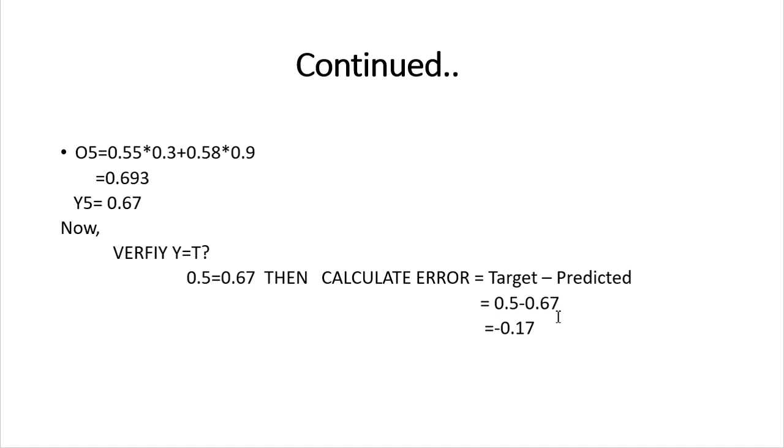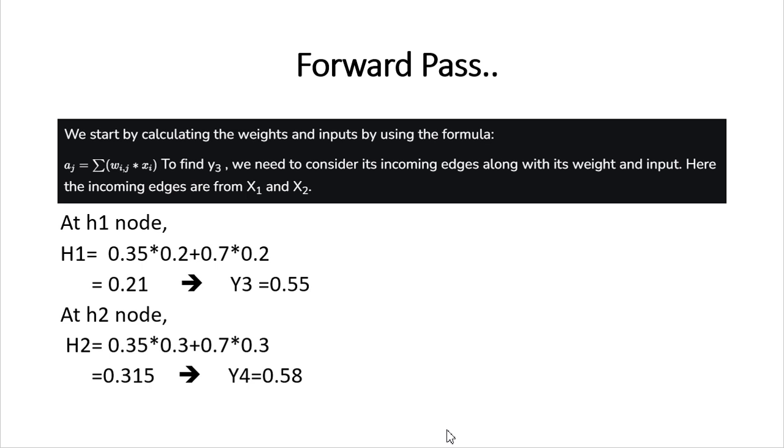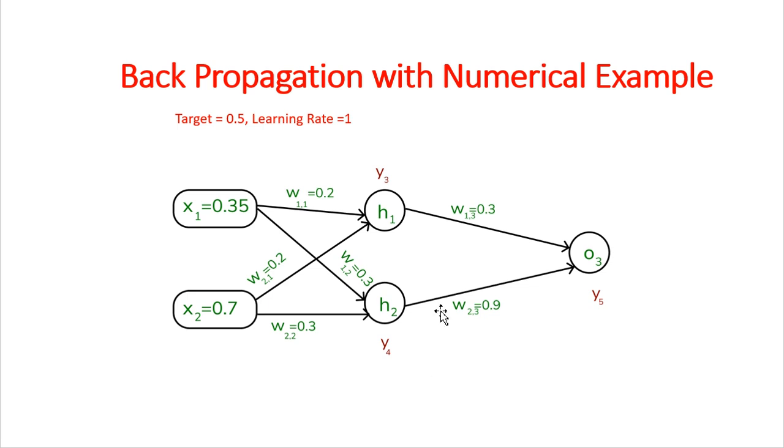If the bias is given, you can add that bias value in this function: bias plus summation of xi into wij, and then calculate all the input values at hidden layer 1, hidden layer 2, and then go for finding the output layer. Again the procedure is the same.